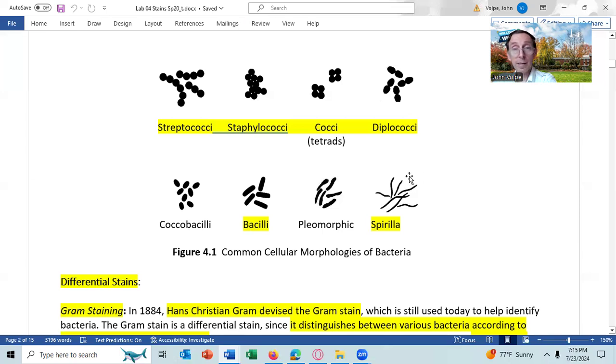The cells can be monomorphic in shape, which most species are, but a few species are pleomorphic. And then there's the spirilla, which differ from the cocci and the bacilli. The spirilla typically are only singlets. That's usually the only cellular growth arrangement we see with the spirilla.